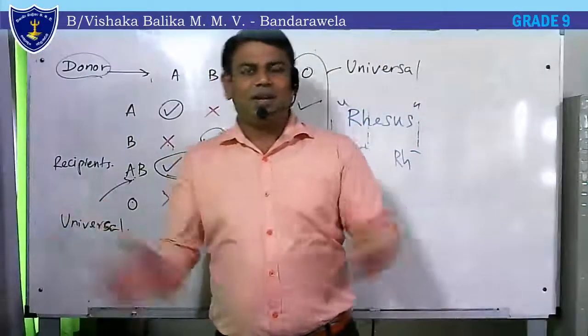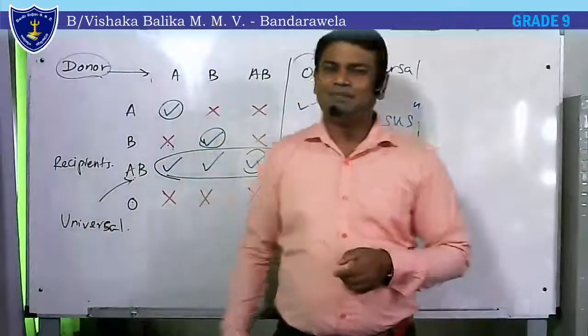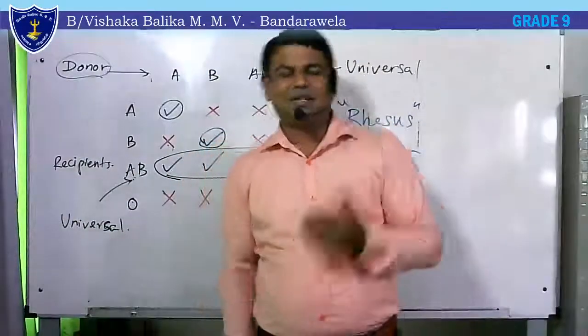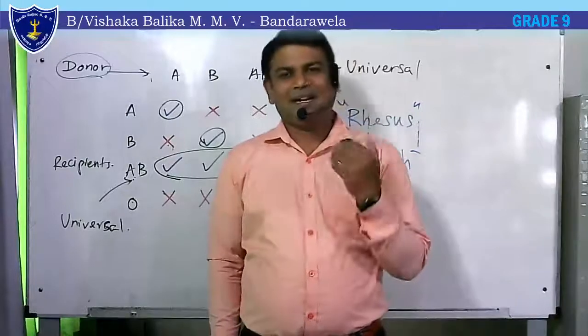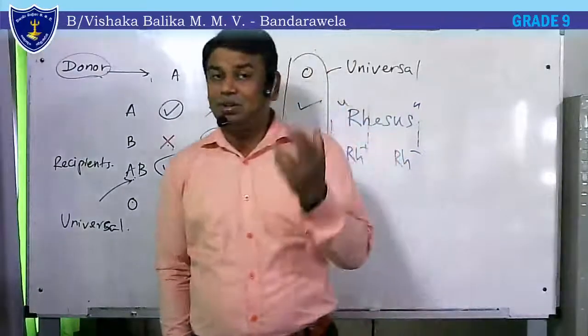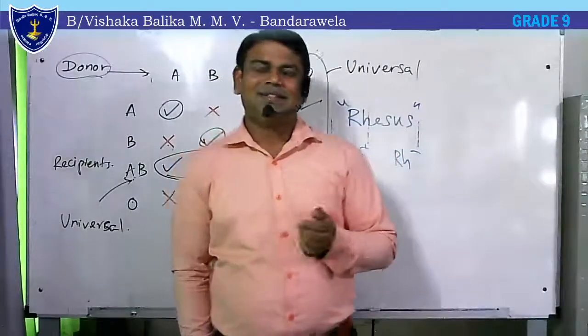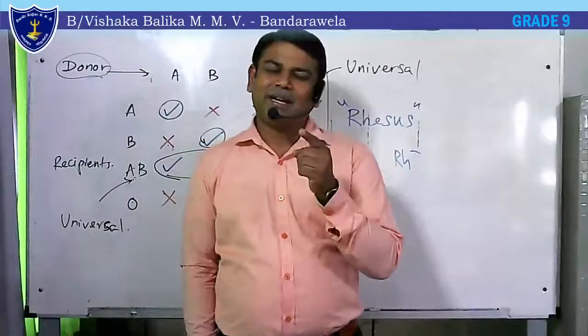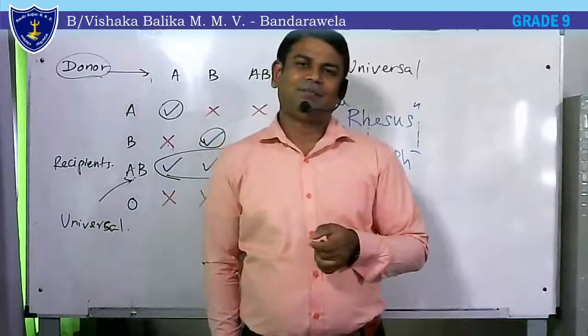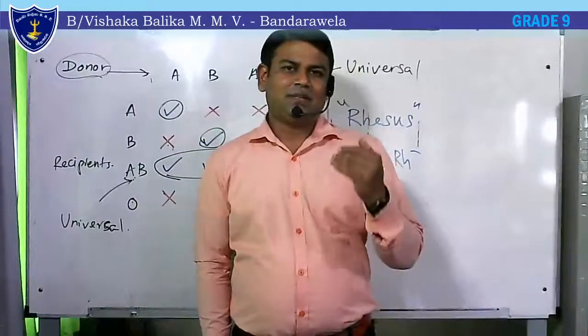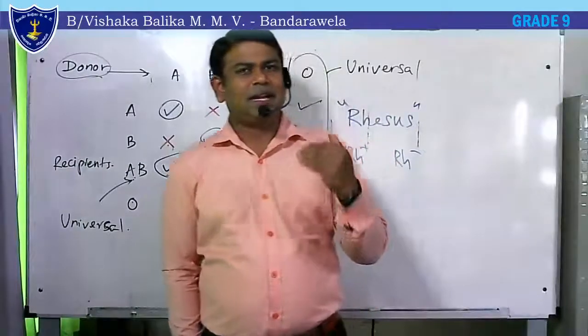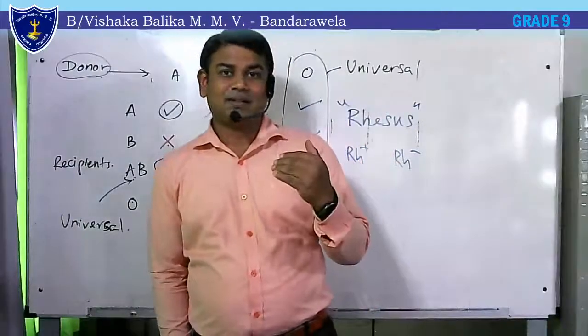Who can donate blood? Can you donate blood as a student or as a citizen? You can't, because you haven't completed the age limit. Only adults, persons aged more than 18 years, can donate blood.